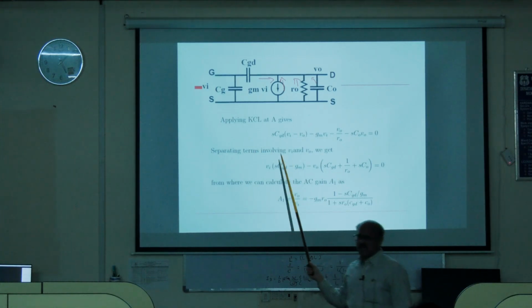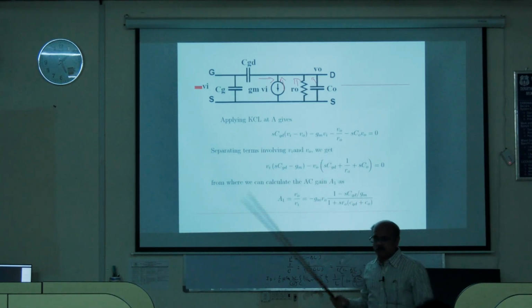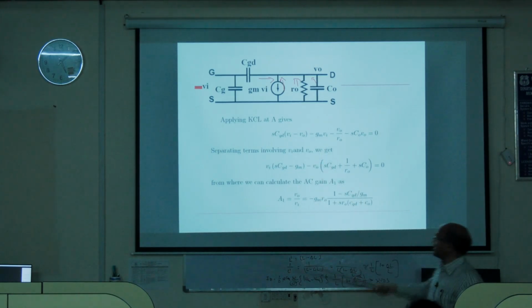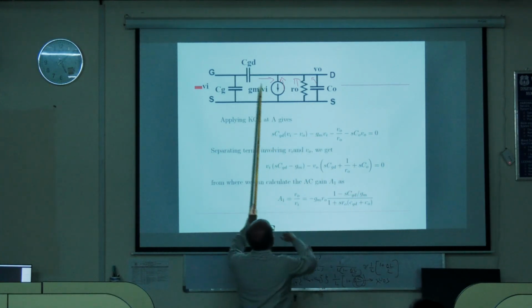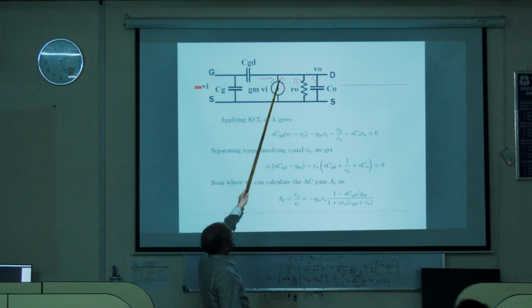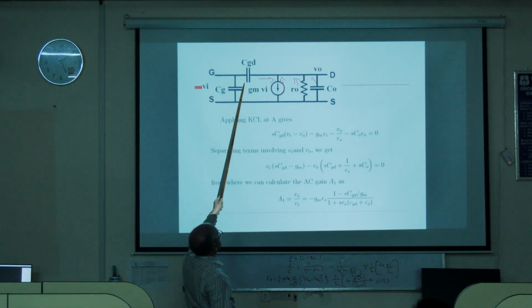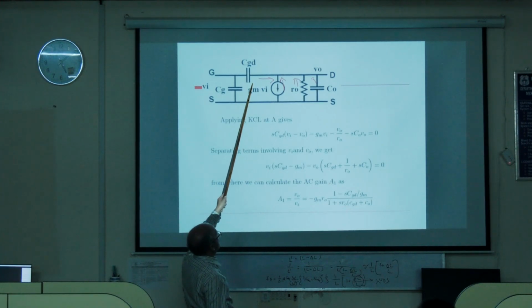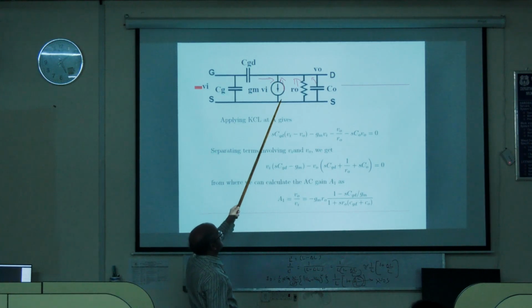So apply KCL here. I'm trying to go faster. This is vi, this is v0. So (vi minus v0) divided by 1 by sCgd becomes sCgd into (vi minus v0). This is the one current here, and the leaving current here is gm vi, so minus gm vi.